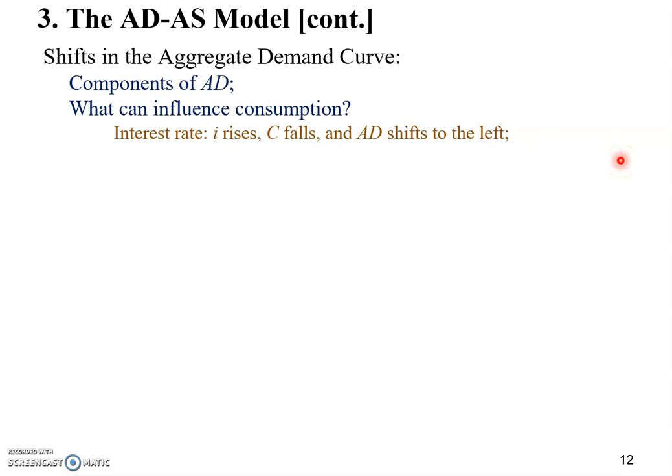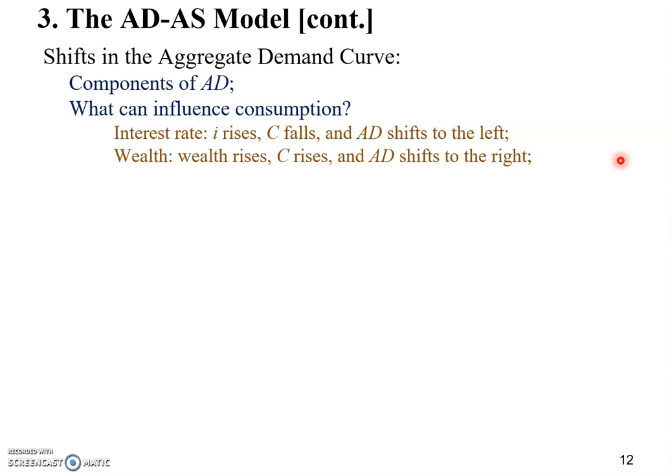Now this is the interest rate. The second important factor is the disposable income. And disposable income depends upon 2 things. Number 1, the gross income. Number 2, the taxes, right? So the gross income or the wealth is the very important factor.